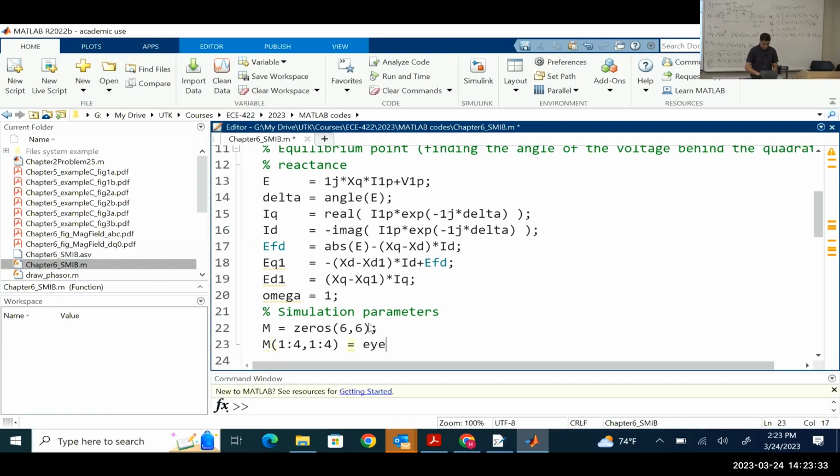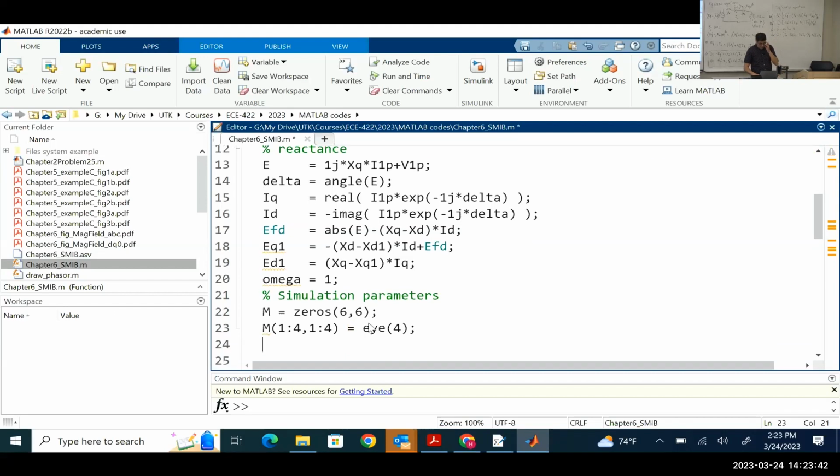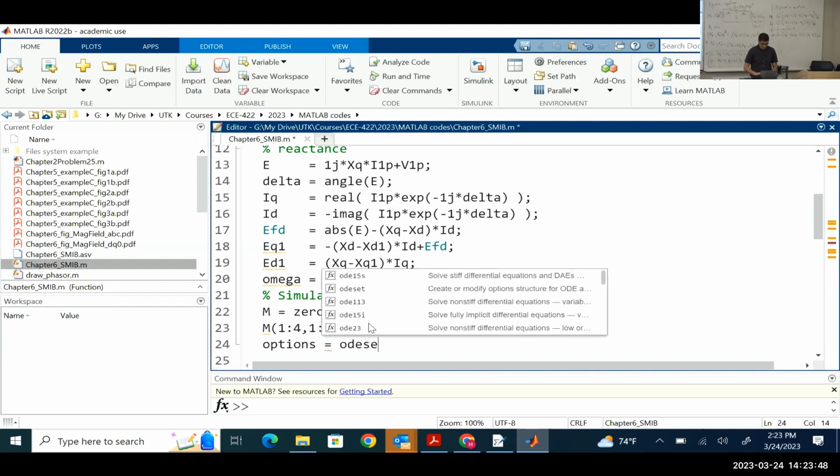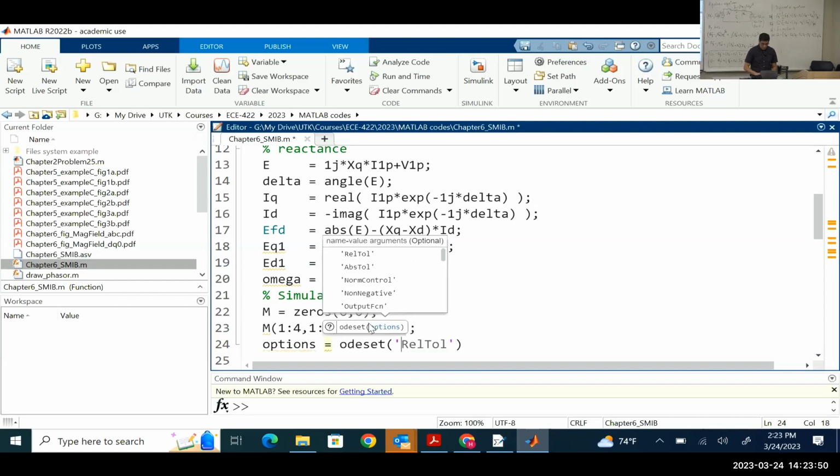This is going to be equal to the identity of 4 by 4. So that's the mass matrix for this case. And then we will have to tell the solver that we're going to use a mass matrix called M.